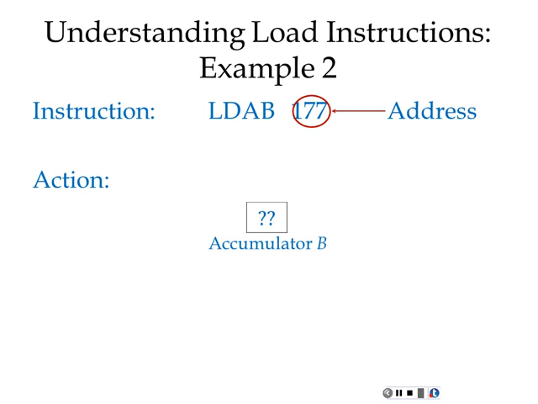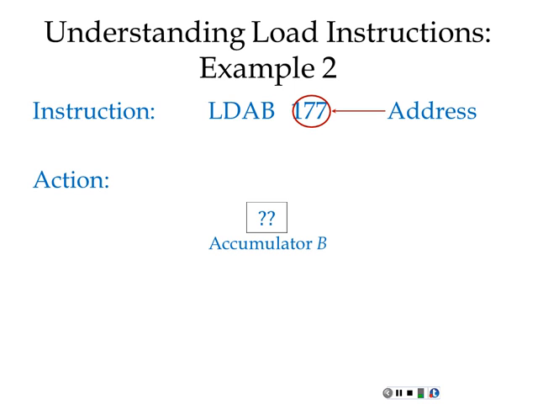What is this in hex? 02, right? I'm assuming that in B1 you have 02. Okay? So by this instruction, 02 is going to be loaded into accumulator B.